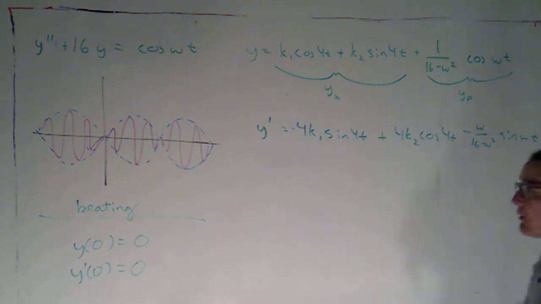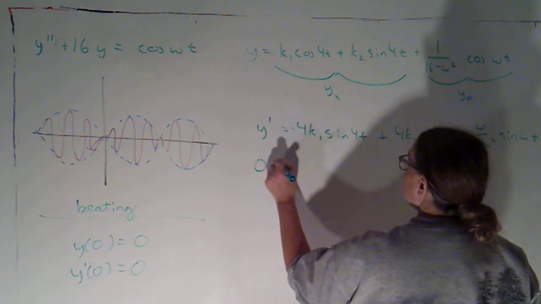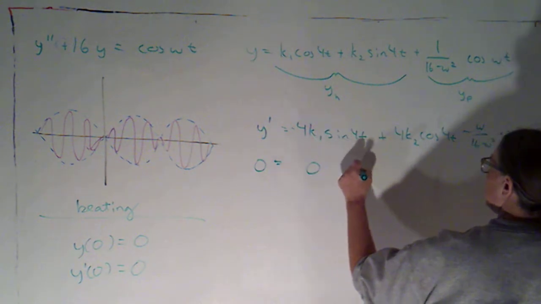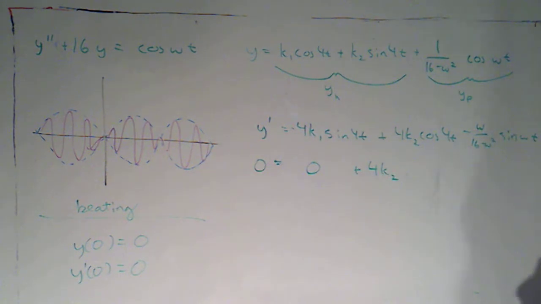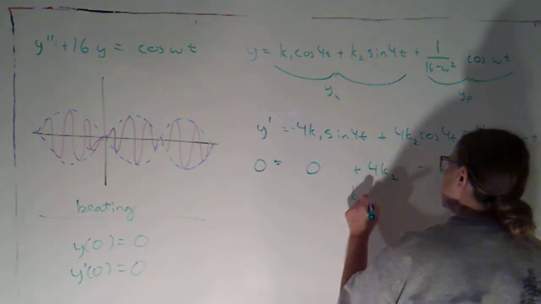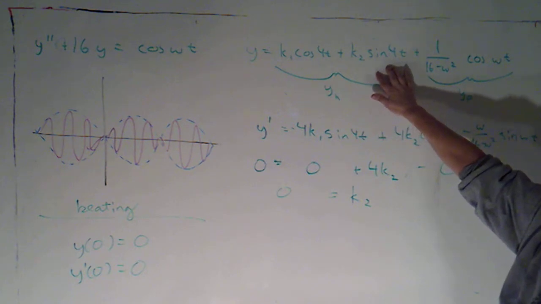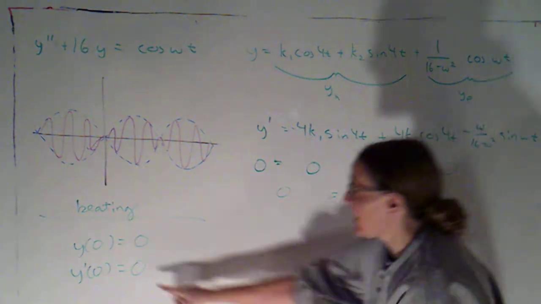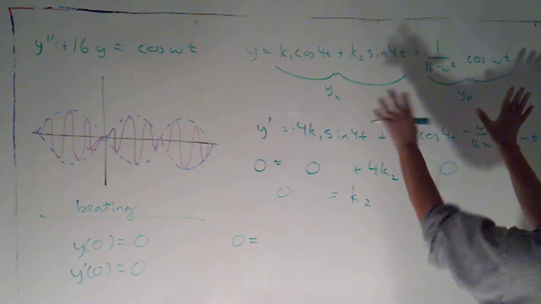Now if I plug in 0, I'm supposed to get out 0 for that. But if I plug in 0 here, this piece is 0 anyway. So I get 0 plus 4 K2 times cosine of 0, which is just 1, minus 0. Oh, that's nice. So K2 must be 0, and we're able to kill off that term. Now, y is also 0 at time 0, so I'm getting 0 when I plug 0 into the original function.